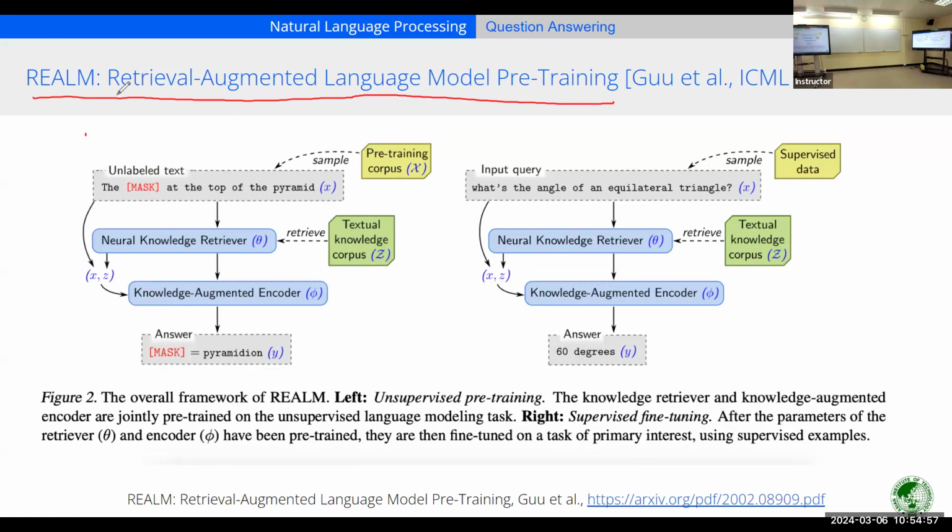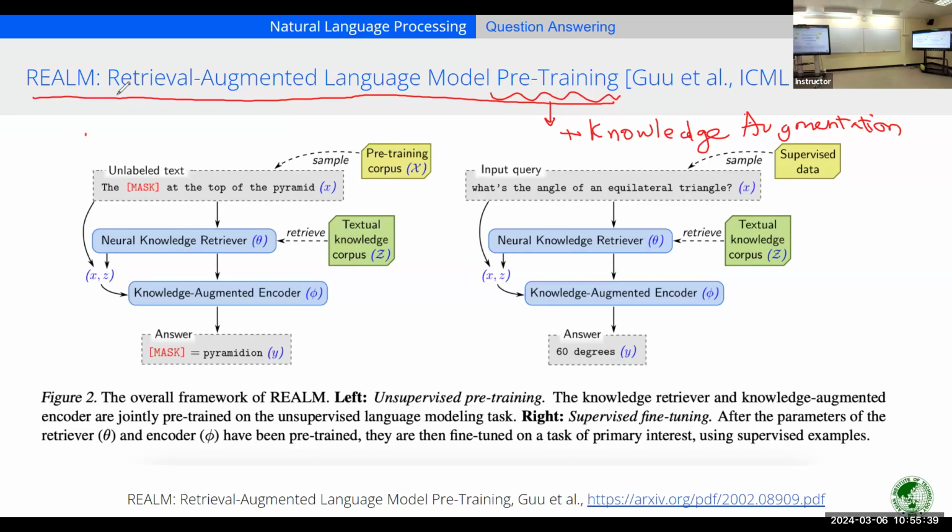So what does this paper do? It is the first one to incorporate knowledge augmentation inside the pre-training steps. It sounds very difficult, but he's the first one that actually incorporates knowledge augmentation inside the pre-training. So how does this work? Actually, it is easier than we think.